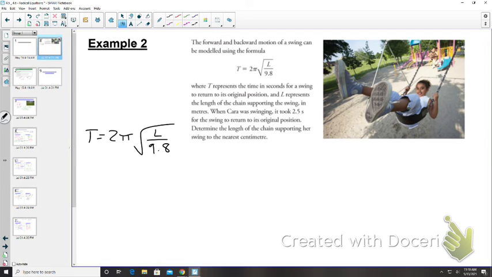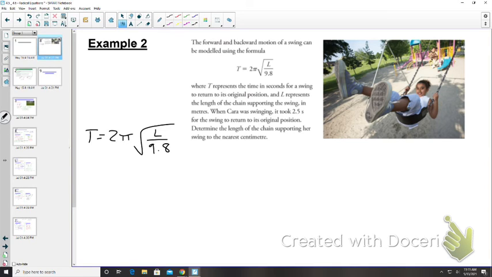So in this formula, T represents the time in seconds for the swing to return to its original position. L represents the length of the chain, which is in meters. Okay, so that's a little bit of a setup.